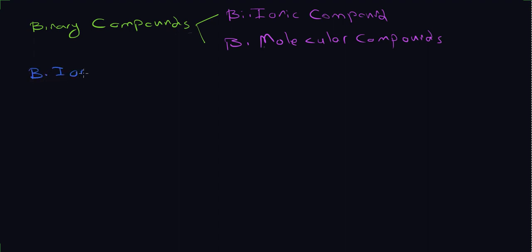Binary ionic compounds. Okay, what is the meaning of binary? Binary we mean by two. First of all, you have to know it's composed of two different elements. So when I say binary compounds, you know that the compounds are composed of what?